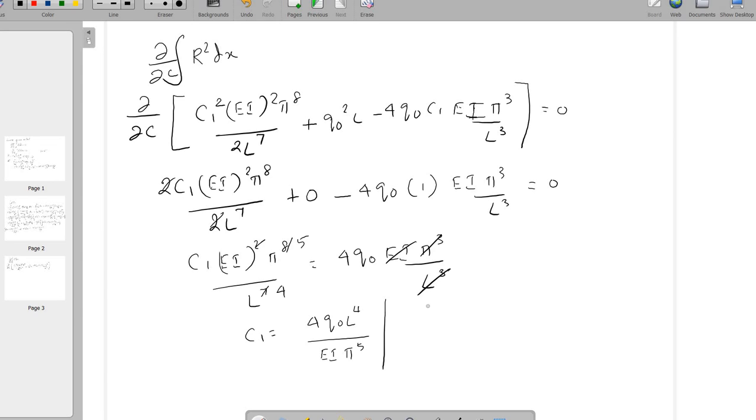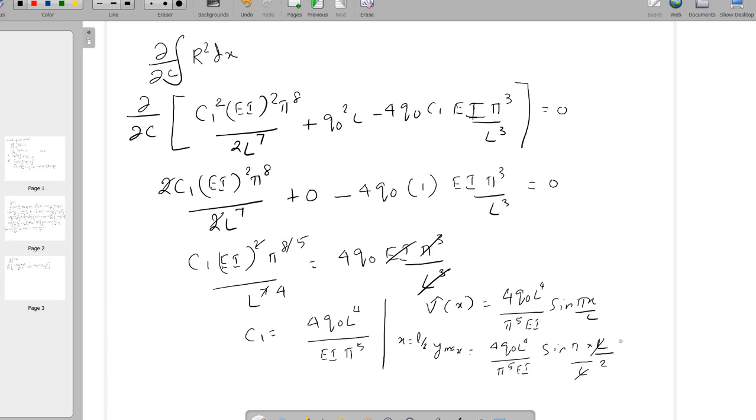Next, we can finalize the v of x format: 4 q naught L power 4 by pi power 5 EI sin pi x by L. When you substitute x equal to L by 2, we will get the y max at center: 4 q naught L power 4 by pi power 5 EI sin pi into L by 2 by L. So you cancel the L. So sin pi by 2 is equal to 1.